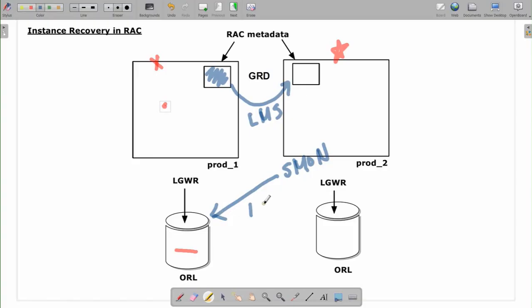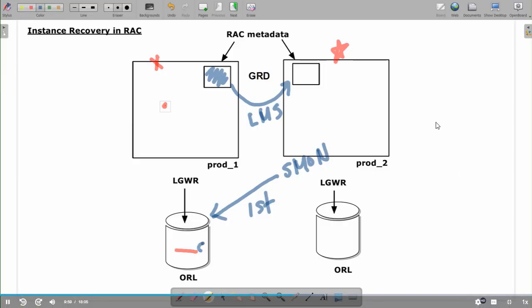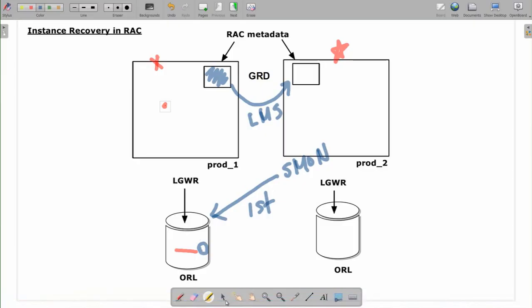The first visit is to identify blocks that must be recovered. Okay, so we modified one block, but we never synchronized. So it was before checkpoint. So if that is the case, this original block from disk will be copied over, because we identified the block to be recovered.